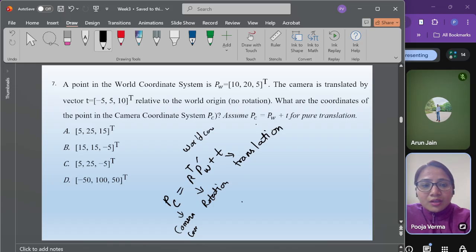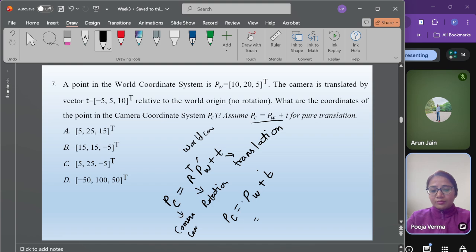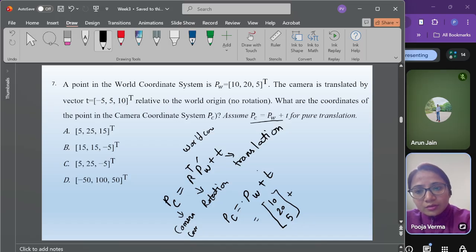So here it is also given that for pure translation, the equation will be PC is equal to PW plus T. PW itself is given here, T is also given here. So PW is 10, 20, 5 plus the translation vector, which is also given, minus 5, 5 and 10. So we can just add these, 10 minus 5.